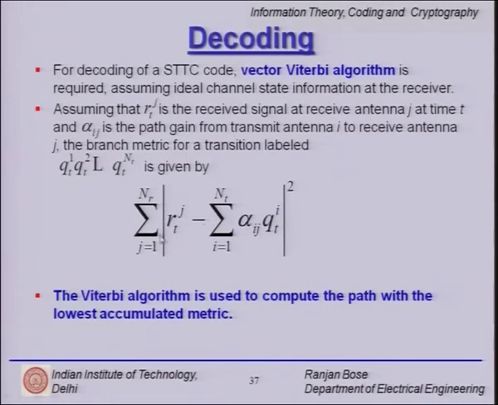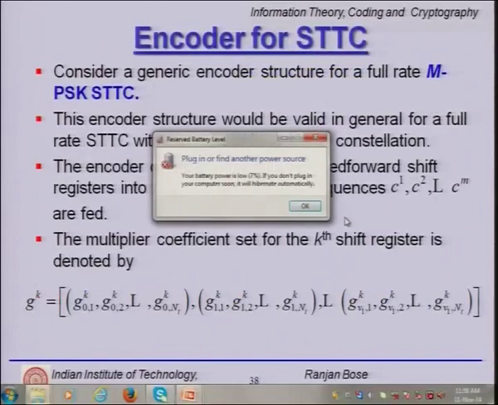Then we have all the path gains times the transmitted signals, minus Rtj. So, the Viterbi algorithm is used to compute the path with the lowest accumulated metric. Please note what we are doing is defining the metric slightly differently, taking into consideration all the NT signals that are transmitted.